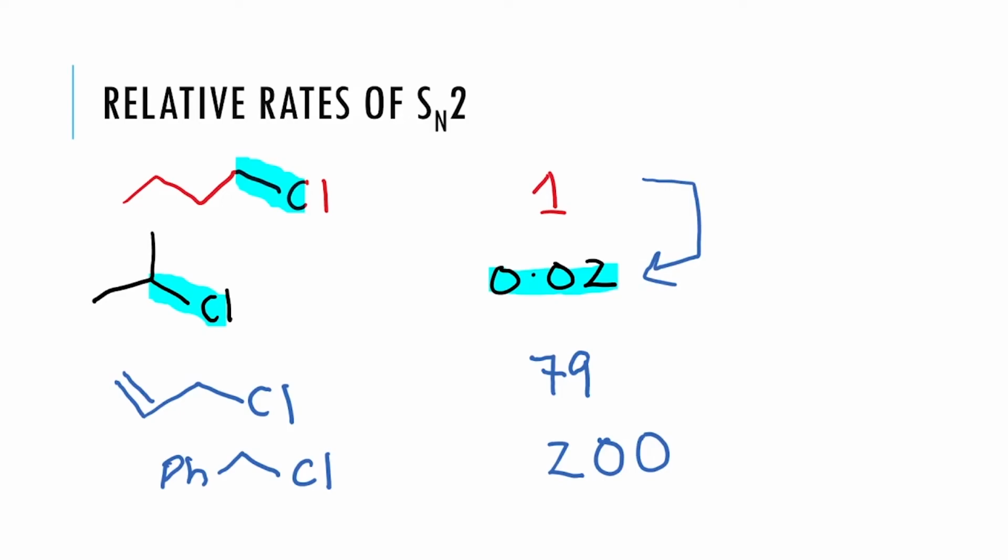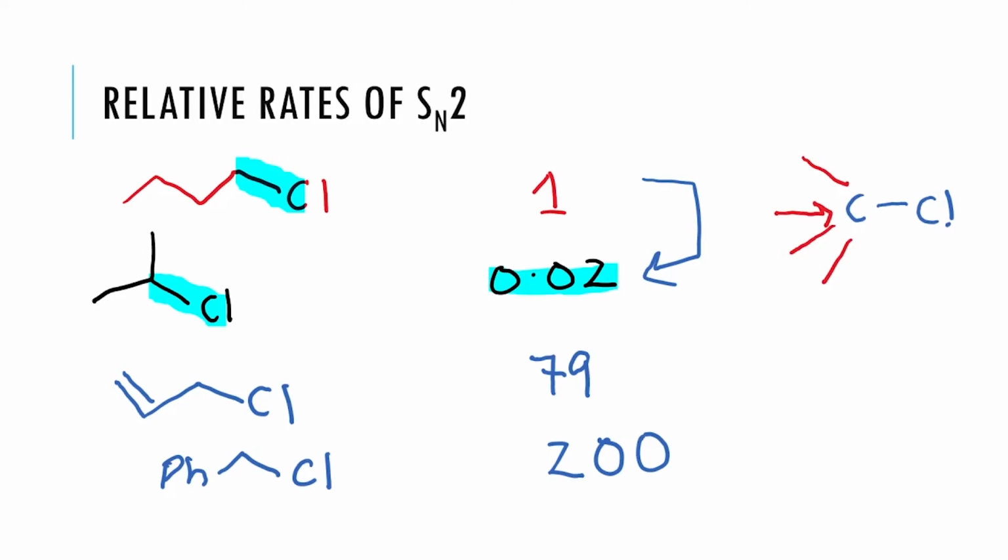So this is a fairly substantial drop in the rate of the reaction, and the way we understand it is that when the carbon-chlorine bond is being broken, iodide attacks at a 180 degree angle, and anything that prevents or slows down the attack is going to slow down the reaction.